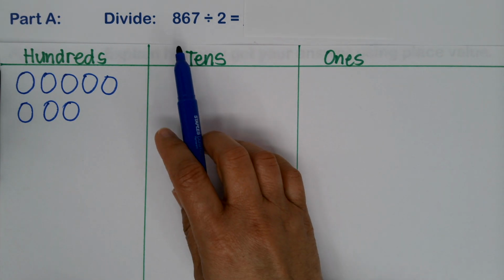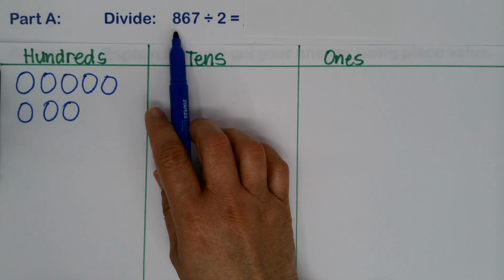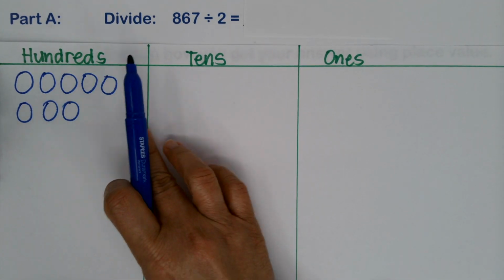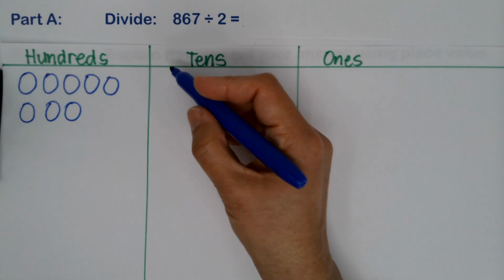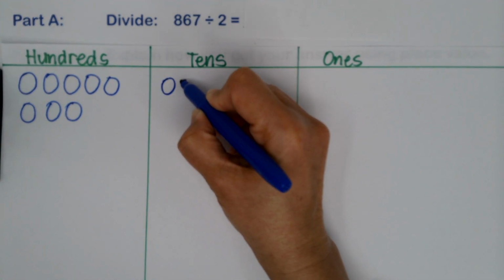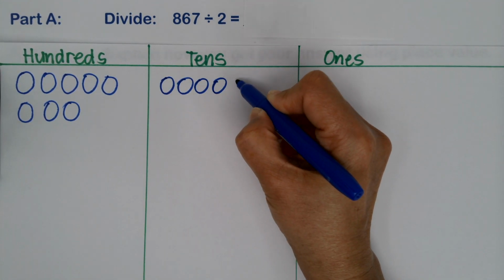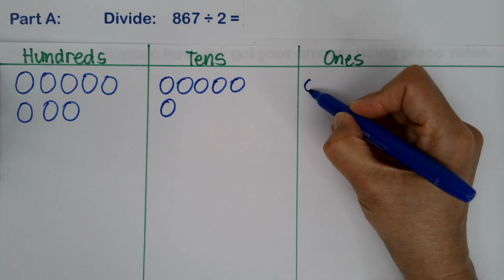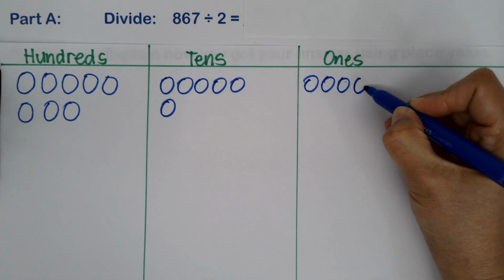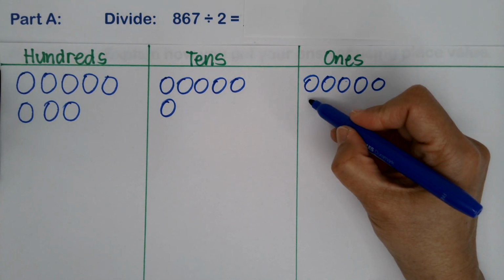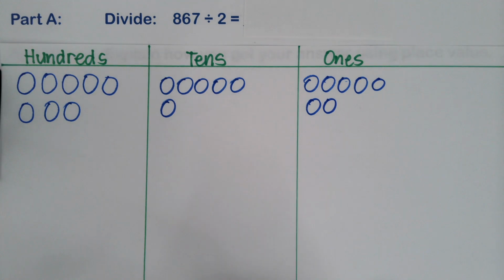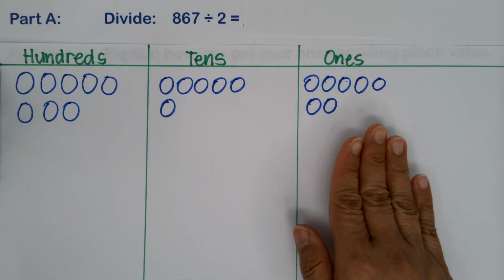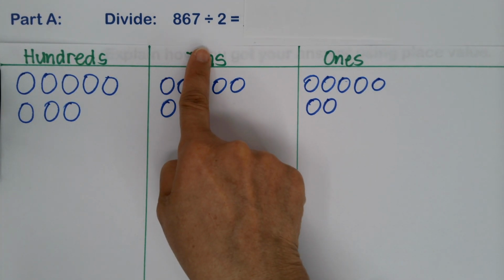So if we have 867, so we have 800, so we have to draw 8 circles in the hundreds place. Then we have 6 tens, so we have to draw 6 circles in the tens place. And 7 ones. So 800s, 6 tens, and 7 ones, that is 867.